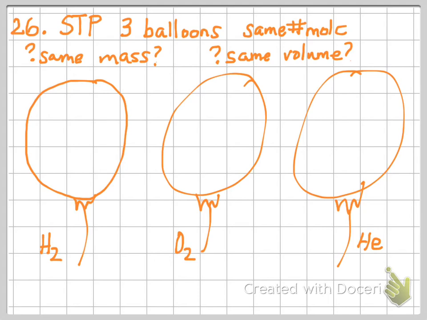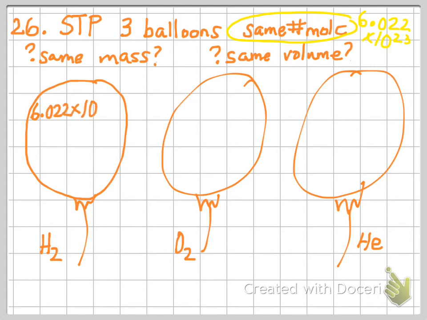Now, the same number of molecules. That's key here, because there's a special number of molecules I want to use here: 6.022 times 10 to the 23rd. Why do I want to say all of these contain that many molecules? Think about what the answer to that is.